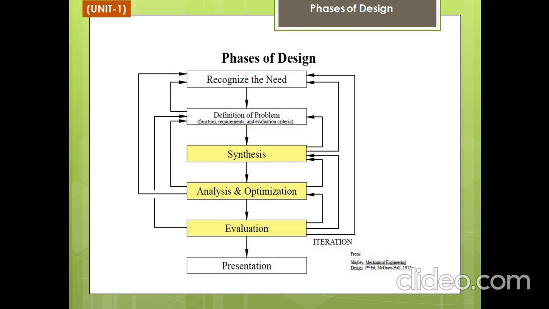What will be the sufficient strength? It is determined by the stress analysis. And optimization means you have to optimize between the material and cost. Everyone knows that after stress analysis, the strength requirement comes out around 200 megapascal. 200 megapascal means the machine is able to bear a stress of 200 megapascal.